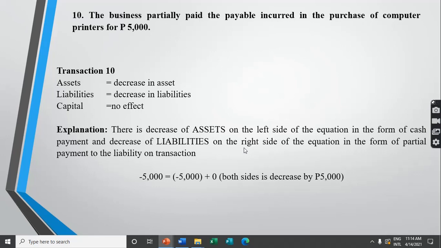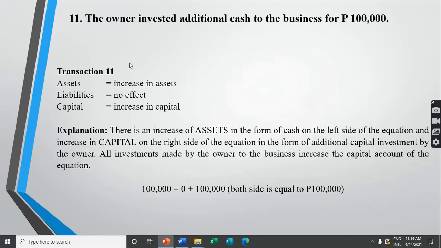Okay? So, nag-partial payment siya sa liabilities niya. So, both side, nag-decrease siya ng 5,000. Okay?